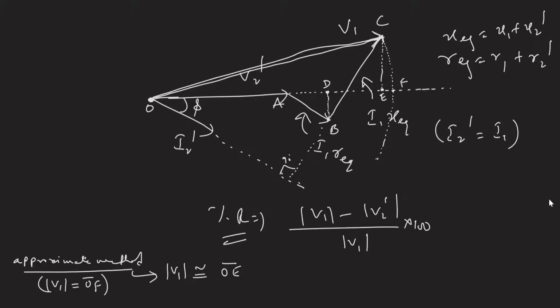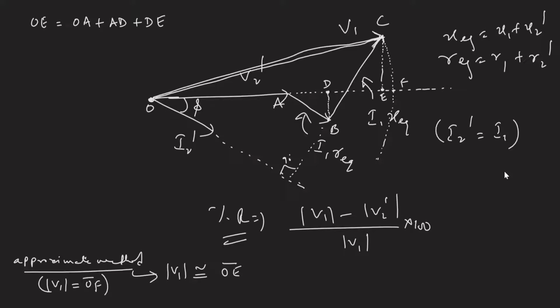Under that condition, OE is equal to the length of the vector OA plus AD plus DE, right?